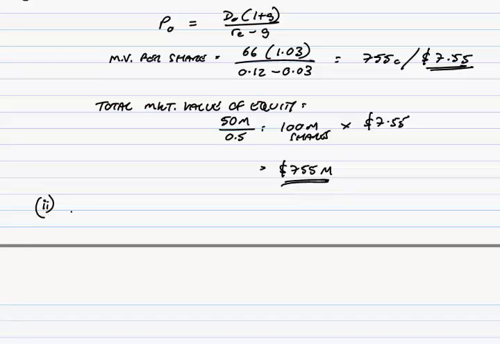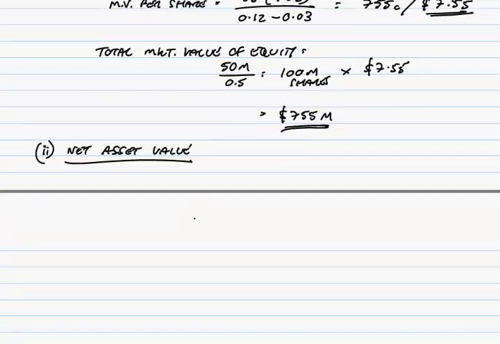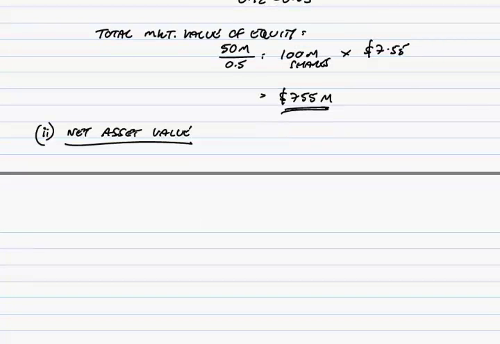Part 2 wants the net asset value. Well, the only values we've got are the book values on the balance sheet, so that's all we can use, although I'd be very dubious in real life about using these. And, well, what is the market value? The assets are 143 million.